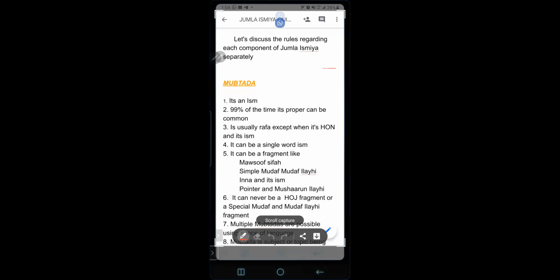Okay. So over here, we have, for example, al-waladu salihun, right? So Mubtada, the ism that starts, Mubtada is from ibtida, which means to start, right? So al-waladu is the starting of the sentence. It is an ism because it has an al on it, which is one of the signs of an ism.